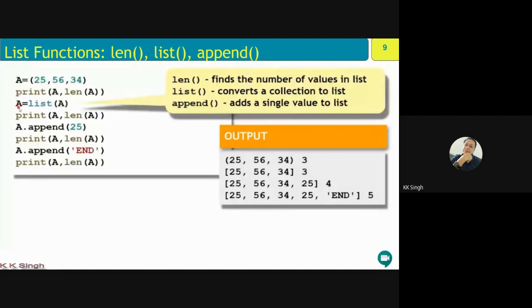Since A is a list, append is possible. So when you say append 25, the next value will be 25, and A will have four values: 25, 56, 34, and 25. When you print A and the length of A, the length of this list will be 4.